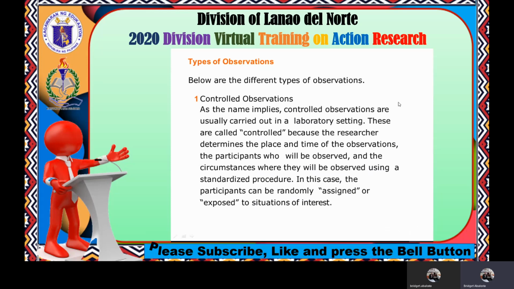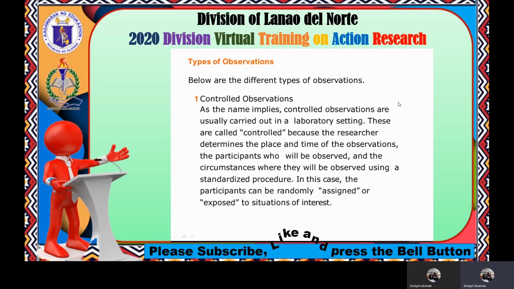So, pwede niya magamit sa isa ka lain nga researcher, i-replicate niya ang procedure and tools. The standardized observation tool makes it possible to determine inter-observer or intra-observer reliability. So, mao na siya strength, ma-replicate.